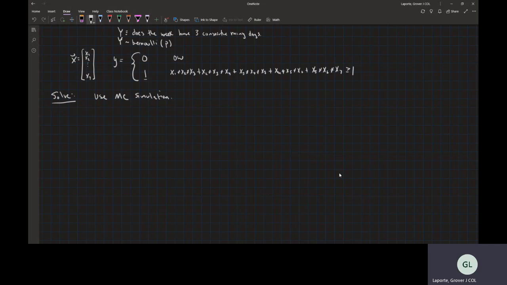The way that we're going to do that is create 7 random variables, x1 through x7, and assign them a 0 or a 1 depending on the random numbers that are generated.